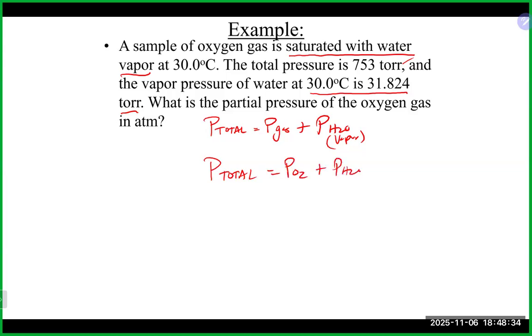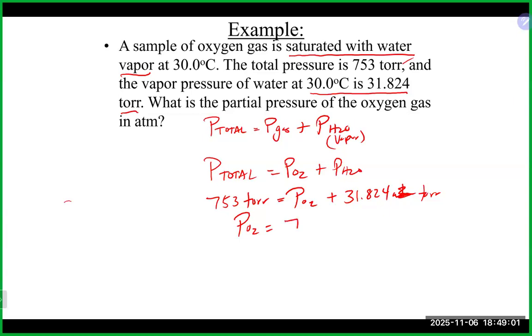So we will take our numbers. We got 753 torr, which is our total pressure, equal to our partial pressure of oxygen, plus 31.824. Not atmospheres, torr. We're basically just going to subtract. So the partial pressure of oxygen in this case is going to be 753 minus 31.824.